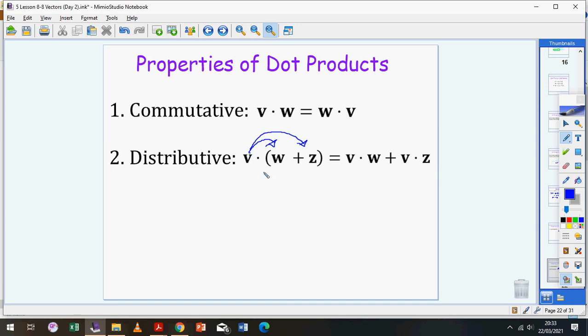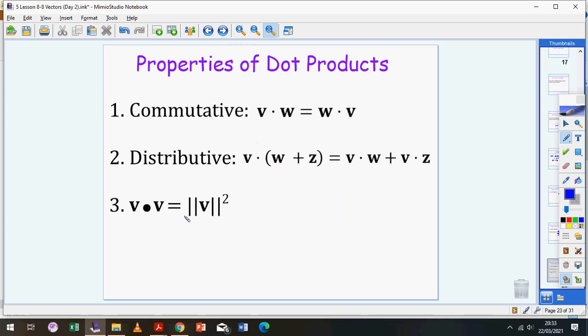So think of it as if this is 2 and this is 3 and this is 4, you can decide to distribute, which will be 6 plus 8, which gives you 14, or you can decide to multiply after adding the insides, which still gives you 14. So it's both associative and distributive.